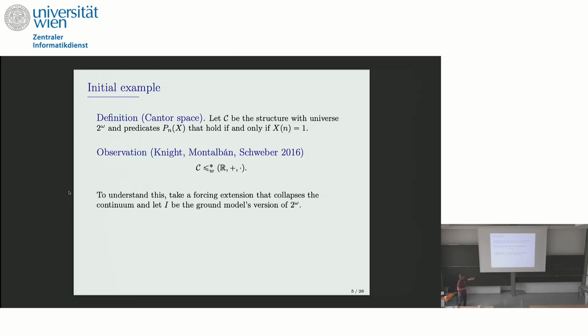Take a forcing extension that collapses the continuum, and let I be the ground model's version of 2 to the omega, Ri the ground model's version of R, and Ci the ground model's version of Cantor space.